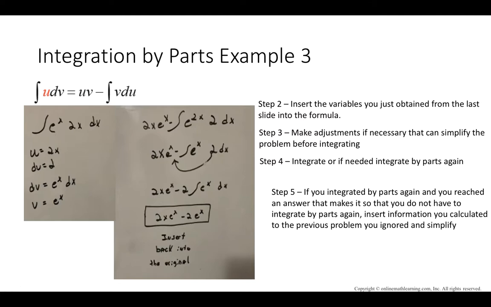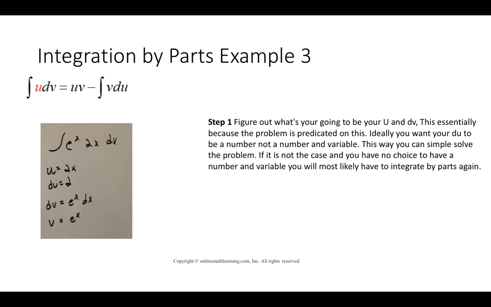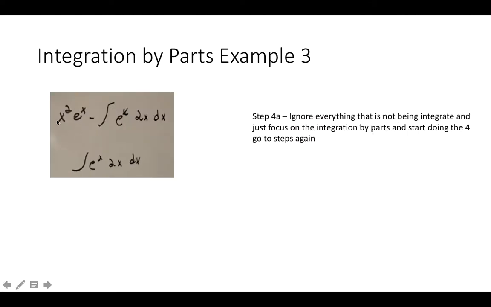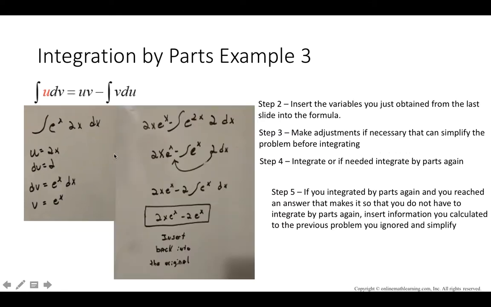Now to finish the problem, we're going to insert what we just found back into the part that we ignored. Remember, in the beginning I told you to ignore this and leave it off to the side. We have the results for this already, so now we're just going to insert it back.